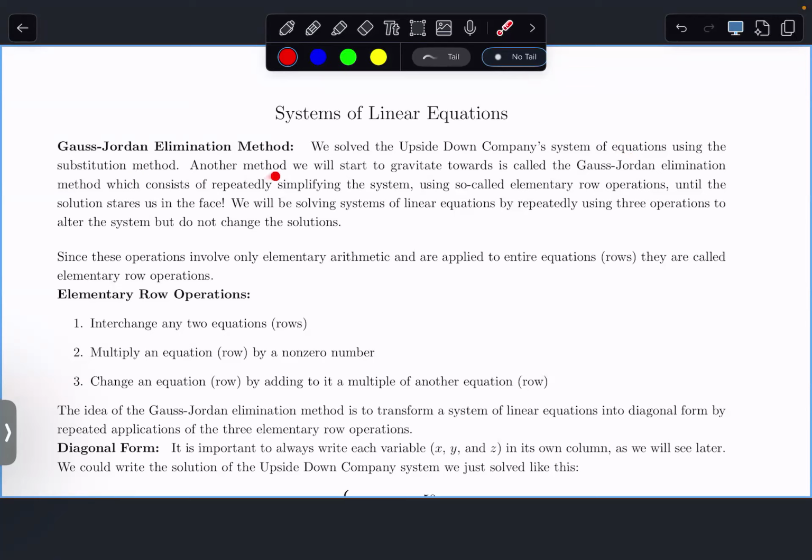Another method that we're going to start to gravitate towards is called the Gauss-Jordan elimination method, in which we repeatedly simplify the system using, and I copied this because I thought it was so cute, so-called elementary row operations until the solution stares us in the face. Cute.